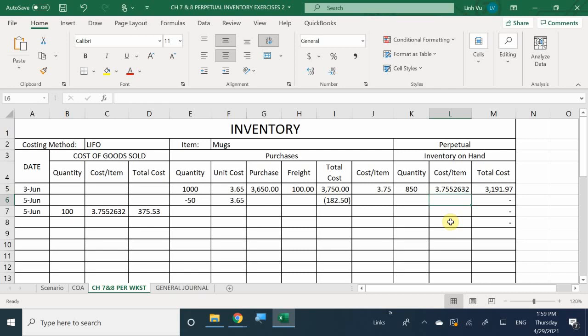So here you cannot self-reference anything except for the formula for the total cost, where you have to self-reference the quantity times the cost per item. But here, you can't do that because of the self-reference idea. You can easily make changes and it could mess up your entire worksheet. Okay? So is everyone okay with this?